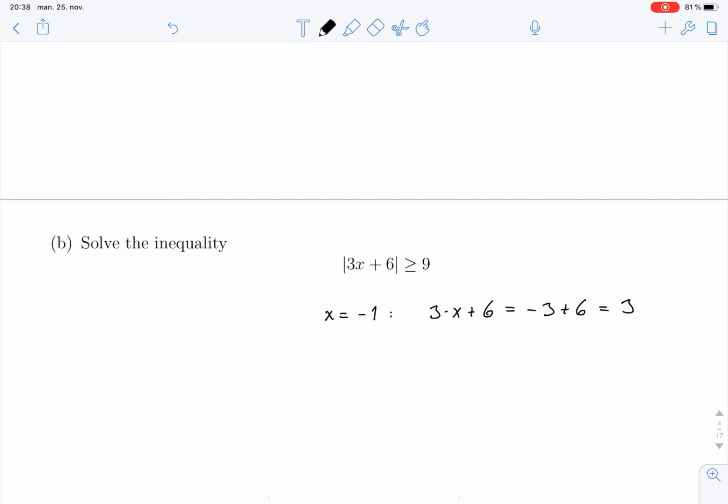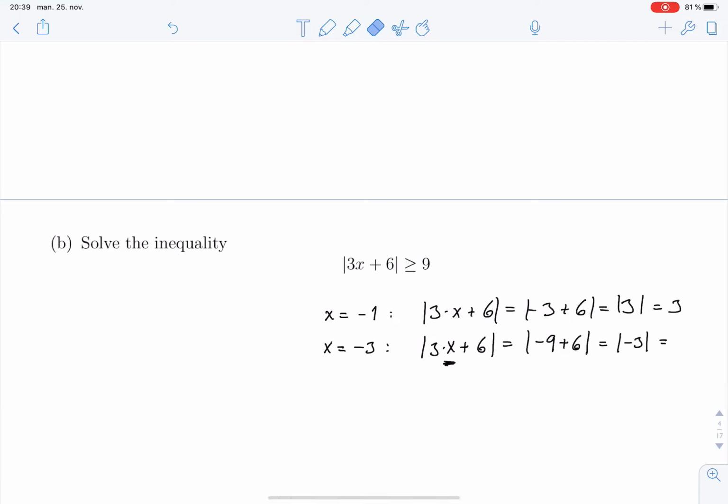That's a positive number, so when we put the absolute value around it, we still get 3. But let's say we have 3 times x plus 6. If x equals -3, we get -9 plus 6, which is -3. Since we have the absolute value around it, we remove the minus sign and get the plus sign.